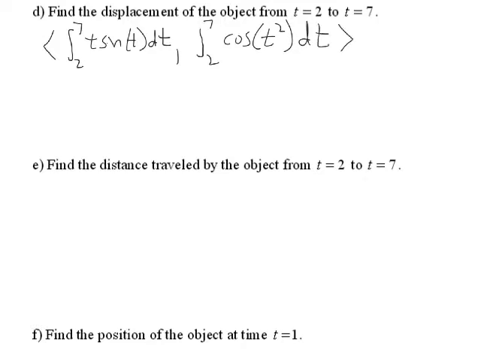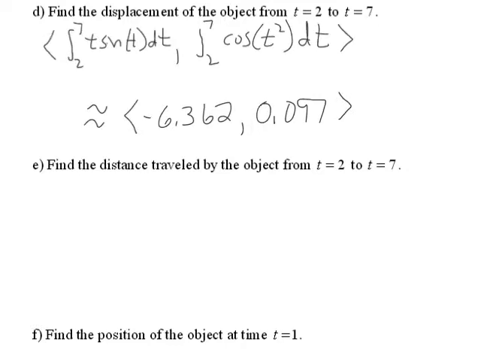So there's our displacement vector, and using our calculator to evaluate these, we can use the integral function on our calculators and type this in carefully, and we should arrive at something approximately equal to negative 6.362, 0.097.